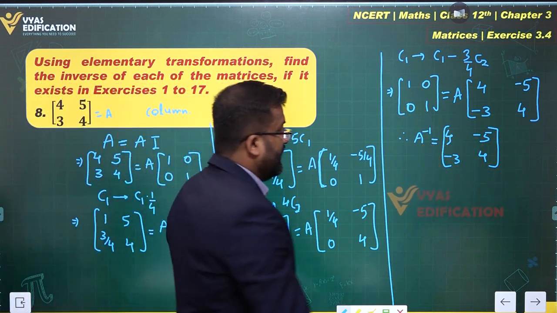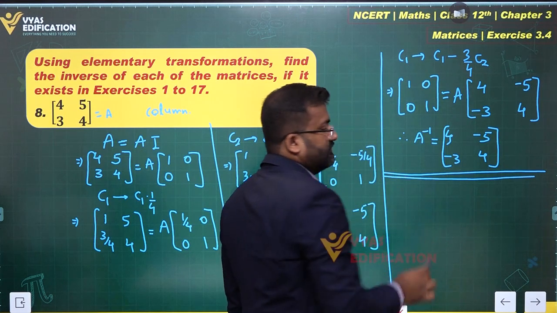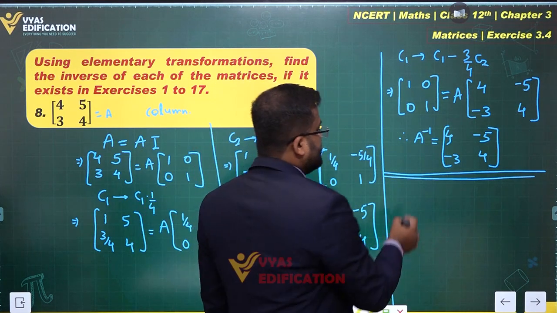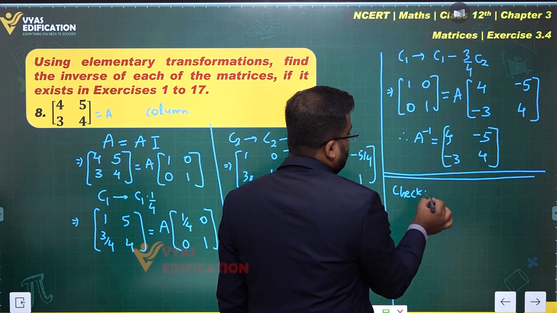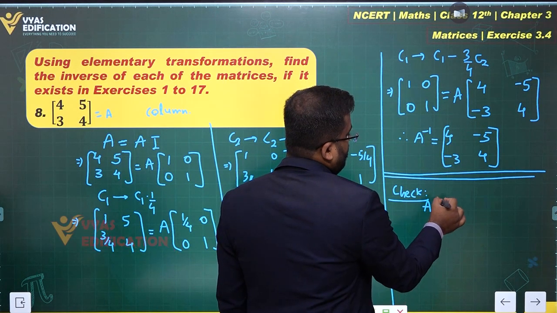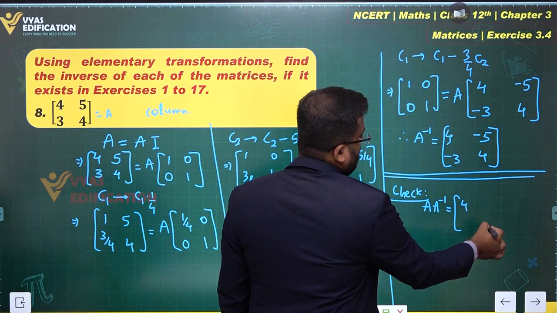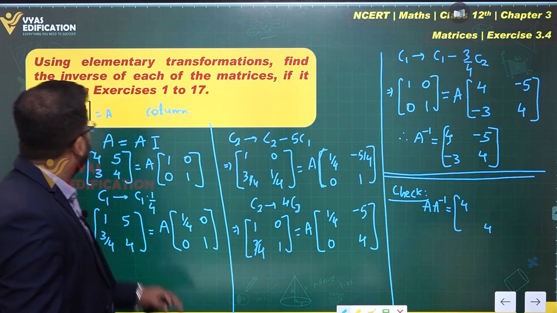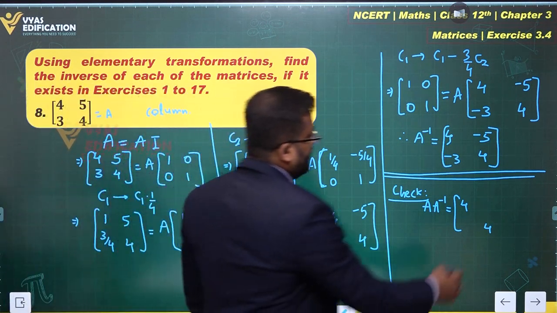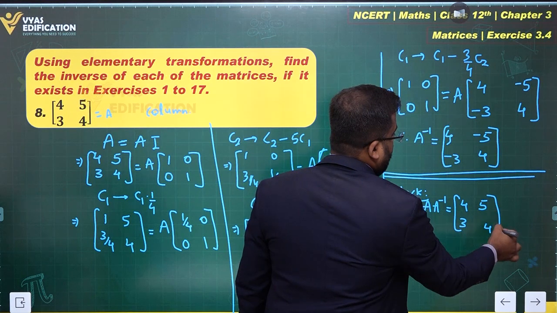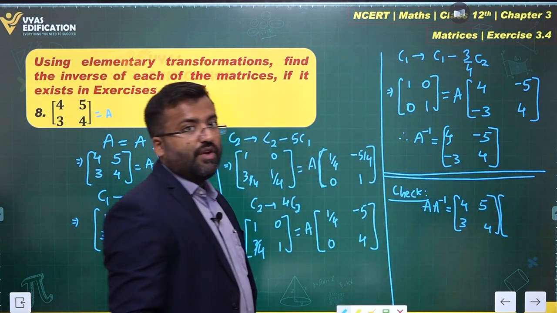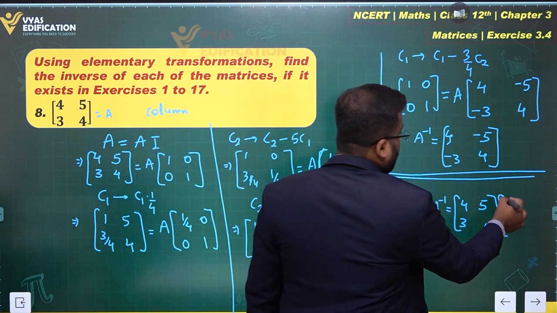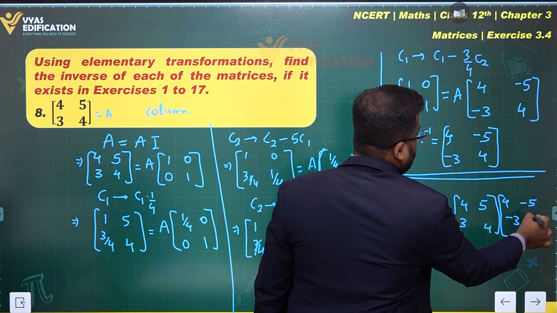And when you are asked to find the inverse, always verify. So let's check. The product A times A inverse: the matrix A is [4, 5; 3, 4], and the matrix A inverse is what we have found over here, [4, minus 5; minus 3, 4].